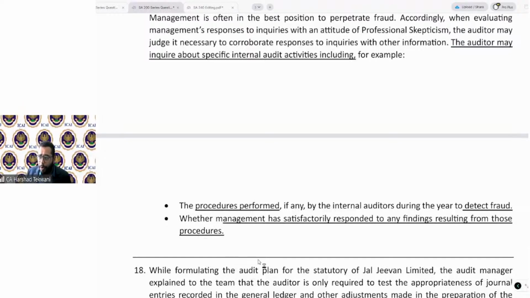So what procedures have they performed with respect to this area? Number two, if they have identified any issues, any frauds, or have suspicion of fraud, how management has responded to the internal audit's queries is also very important. So these are the two areas that we are required to inquire with the internal audit with respect to the identification and detection of fraud. Clear? Any doubt?